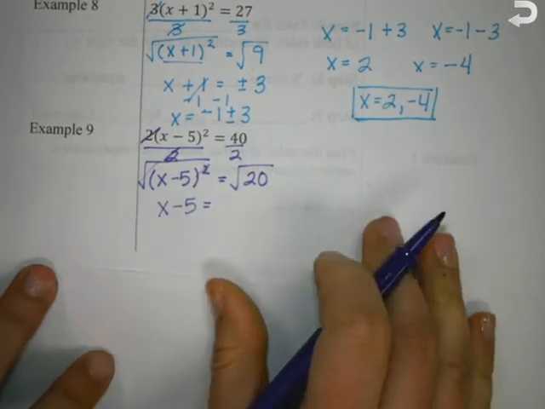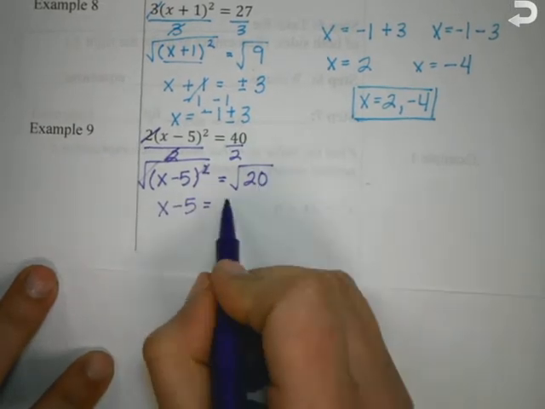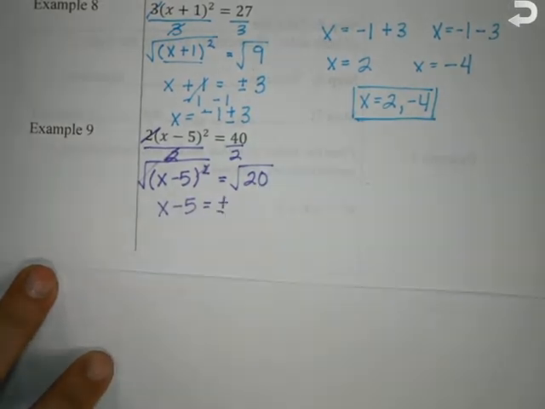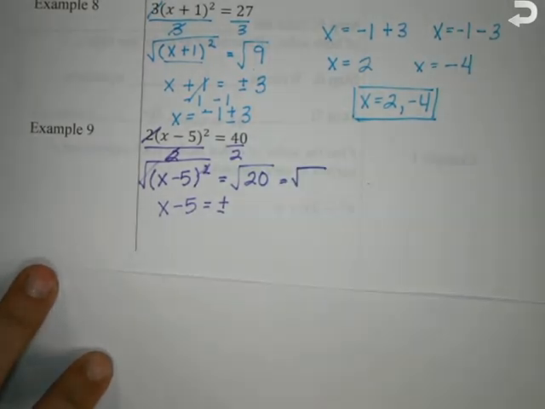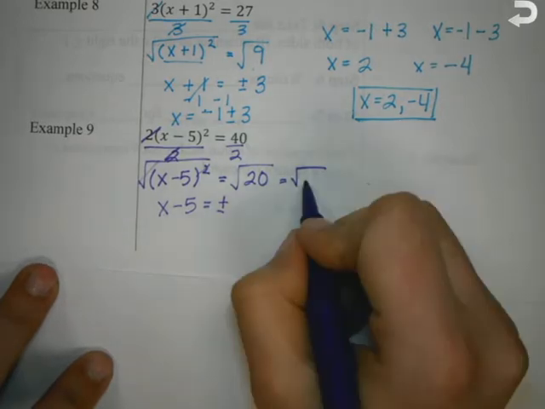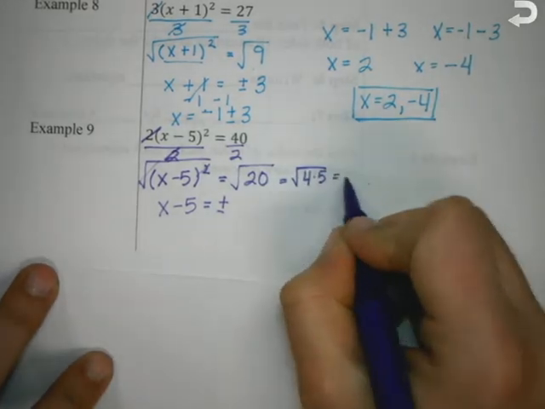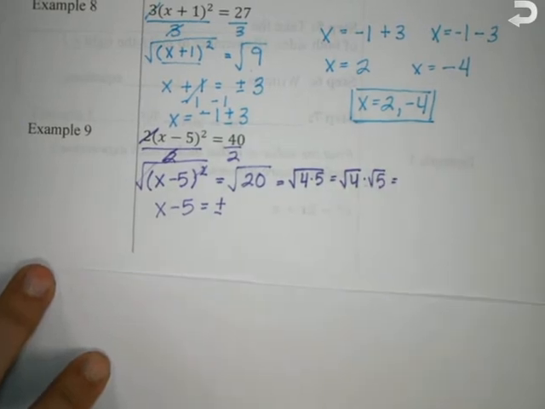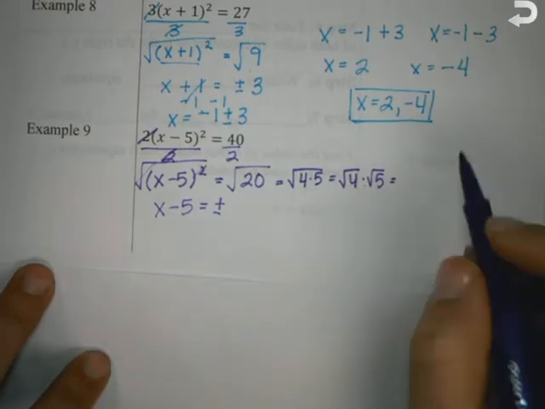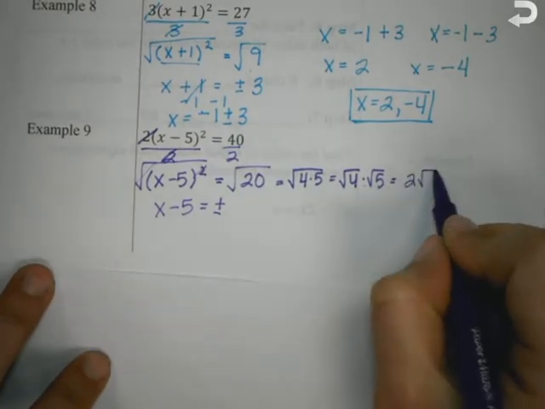How can I rewrite 20 using a perfect square? 10 times 2, but that's not a perfect square. 4 times 5. So that's the same as square root of 4 times square root of 5. And what's the square root of 4? 2. So that is 2 root 5, right? So plus or minus 2 root 5. Does writing this out help you guys?